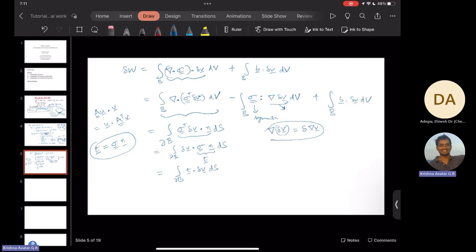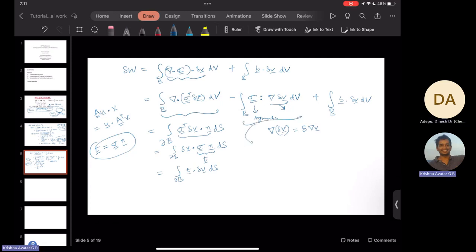Maybe it may not be valid in the theory of relativity, with length contraction and all, where applying the gradient to the variation is no longer the same as taking the variation of the gradient, but at least in our range it is valid. So we will use this now, and I'll rewrite this.